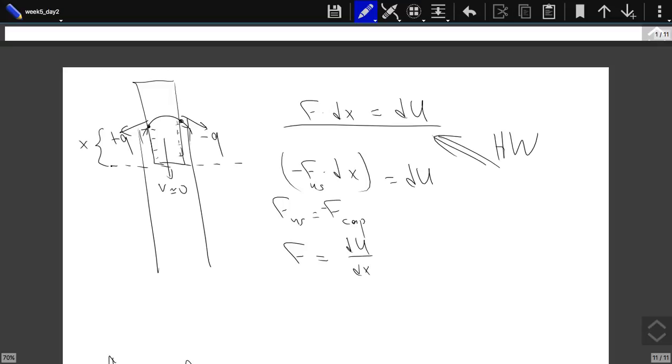Other questions? You said at the beginning that the dipoles in the final state are fixed. Well, we are assuming that the internal energy of the dielectric doesn't change during this process.